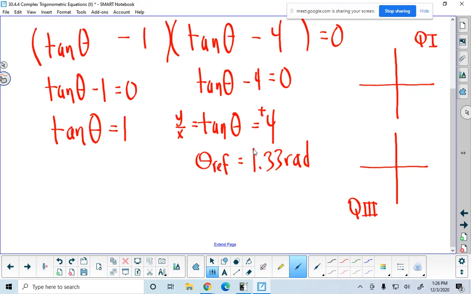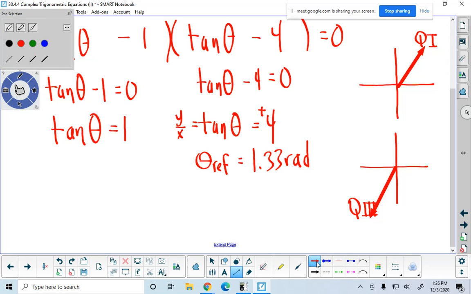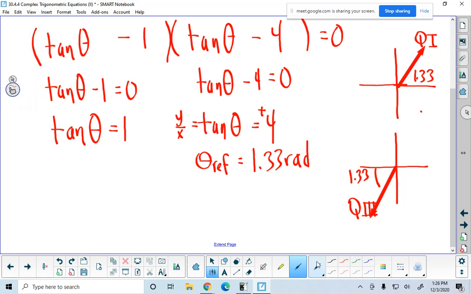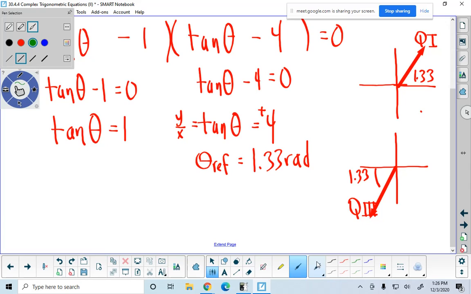So we draw a reference angle of 1.33 rads. And then we figure out what the rotation angle is, which would be this angle and this angle.